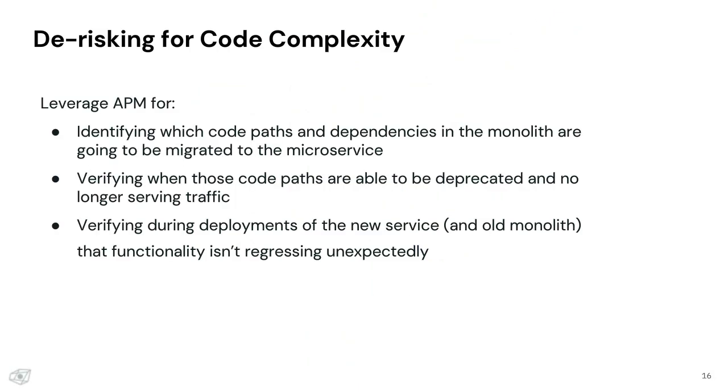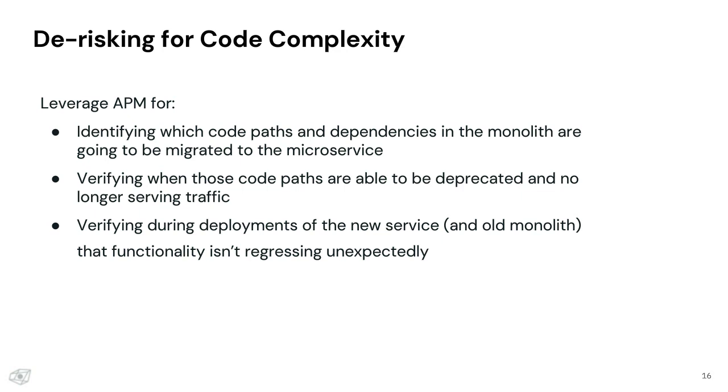So now I'm going to get into some strategies for how to leverage observability. I'm using the word APM, but really I mean modern APM or observability tools. De-risking for code complexity is a category here. As I mentioned before, in order to create a successful migration, you need to understand which code paths and dependencies in the monolith are going to be migrated over to the microservice.